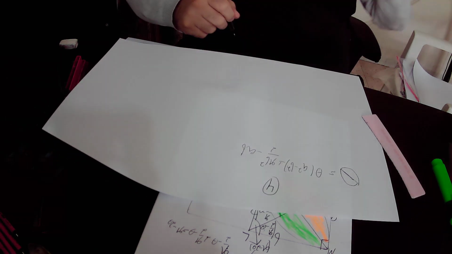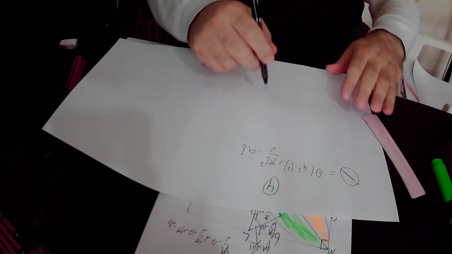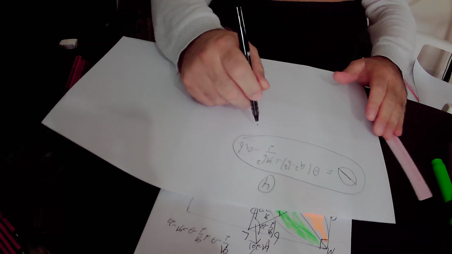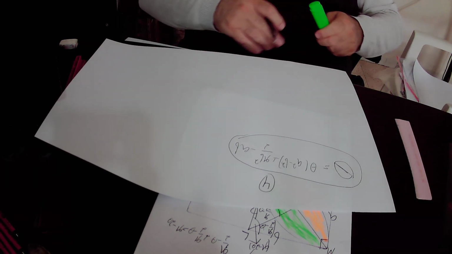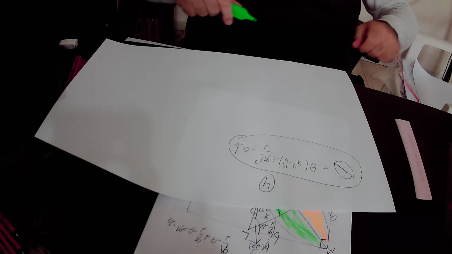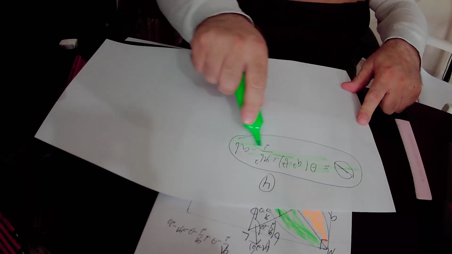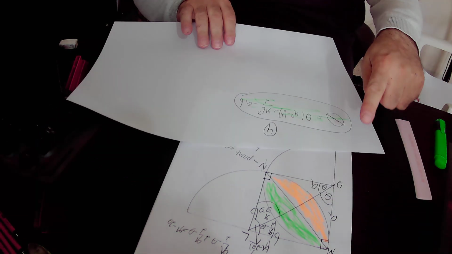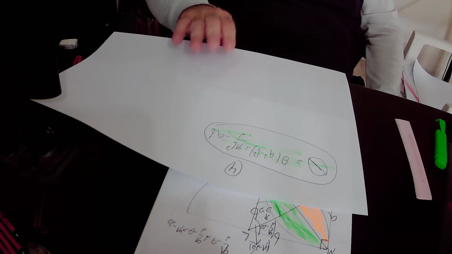So this is the area of the lens that could be any lens. In the next step, we'll find the value of theta. So I'll copy the right triangle OMN here, and we find the value of theta.